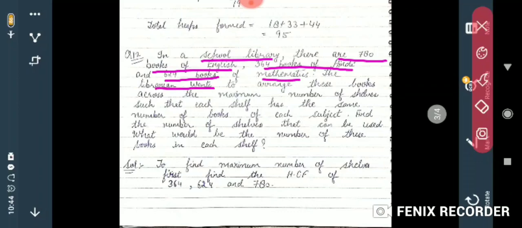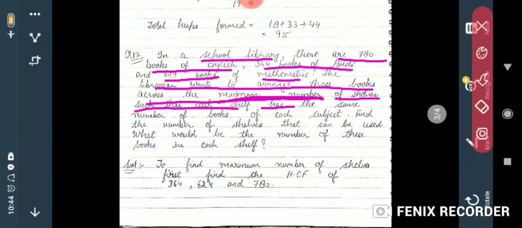The librarian wants to arrange these books across the maximum number of shelves. Maximum means you have to find the HCF. He wants to arrange them in the maximum number of shelves such that each shelf has the same number of books of each subject.